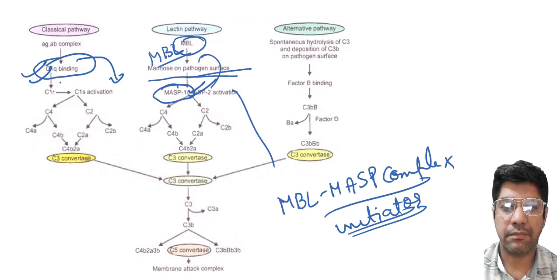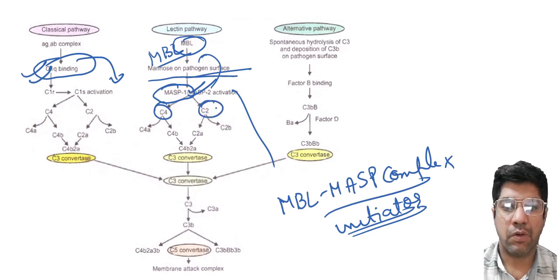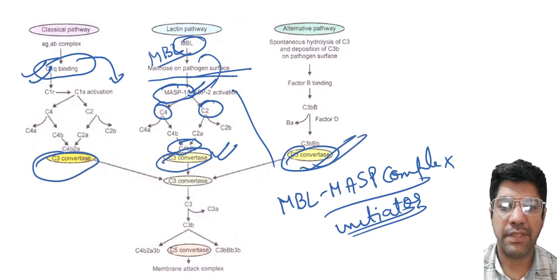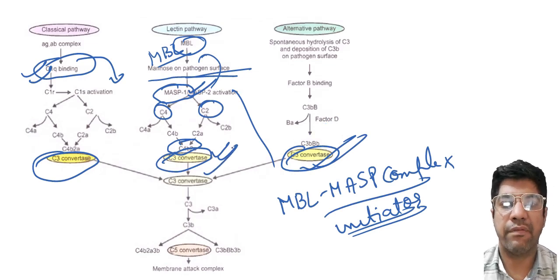Once this complex is formed, it causes cleavage and activation of C4 and C2 complement proteins, resulting in formation of the C4b2a complex that acts as C3 convertase. This activation occurs without the need for specific antibody binding. The lectin pathway, along with the classical and alternate pathways, converges at the membrane attack complex.